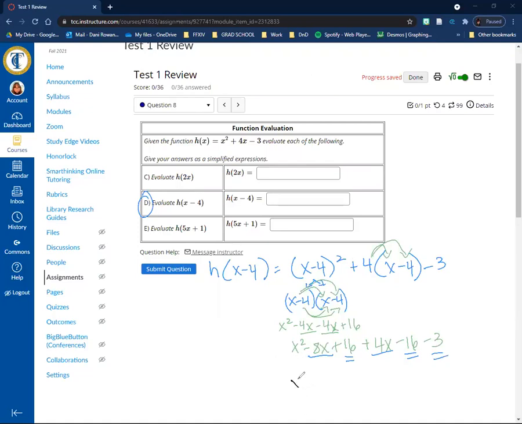So x squared, what's negative 8 plus 4? Negative 4x. And then what's 16 minus 16? 0. Minus 3, right? We can just cancel those out if we see something like that. We're not always as lucky, but we were this time. And so that becomes our answer, x squared minus 4x minus 3.